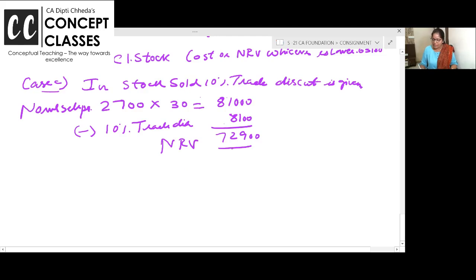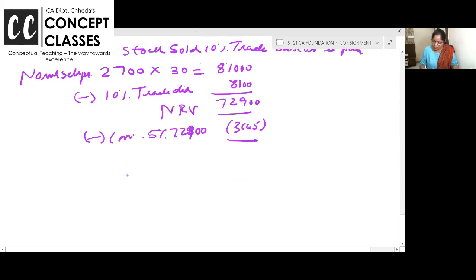So 72,900 is the NRV. Plus you are going to give commission. Commission details they have given 5% on the sales. So commission will be 5% on 72,900 actual sales. 3,645 is the commission.